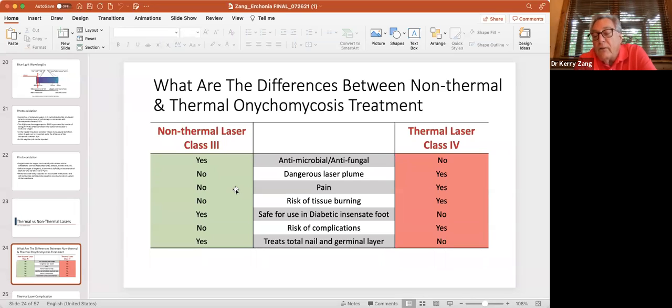The patients constantly have to be asked to tell you when they have pain with the thermal lasers, as you have to keep on going over the area. However, in our population base, how many patients of ours have neuropathy, have diabetes, have insensate feet, and they can't feel it?